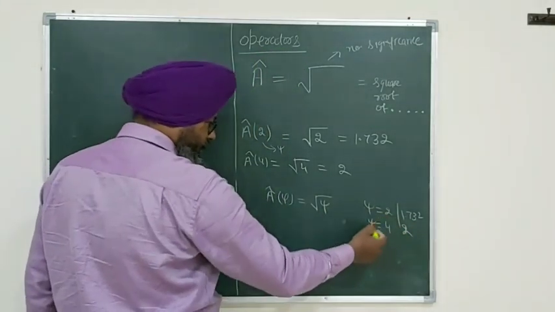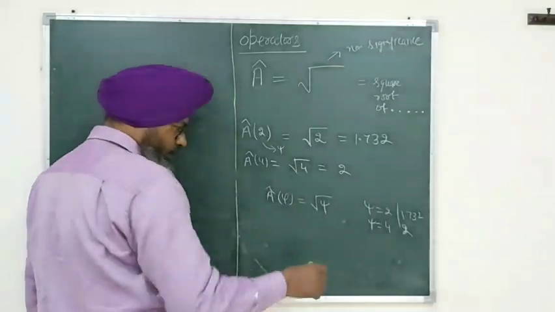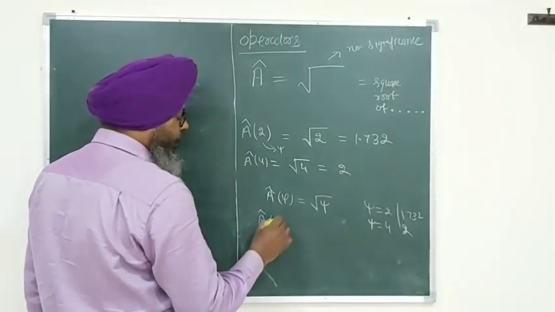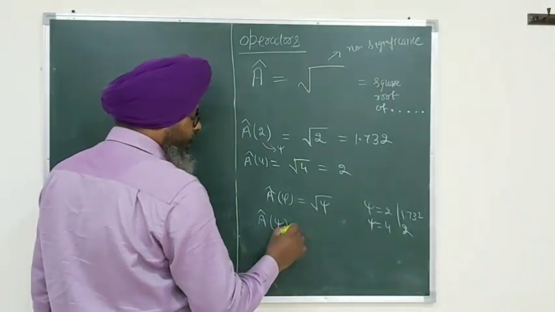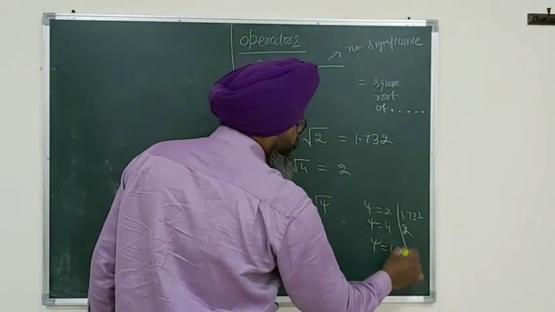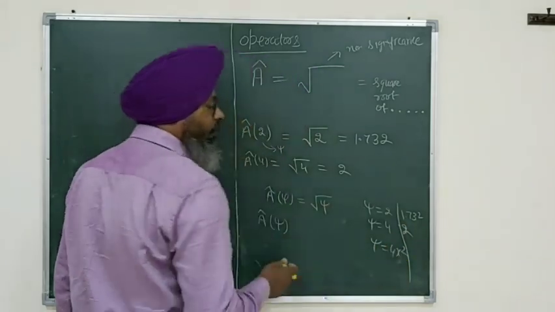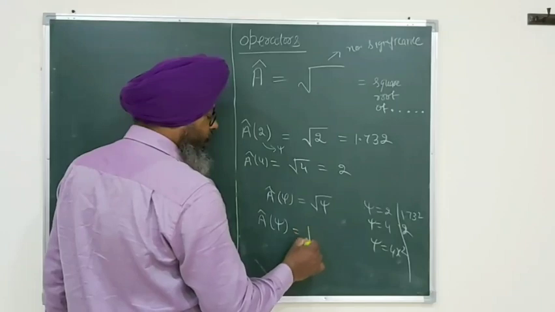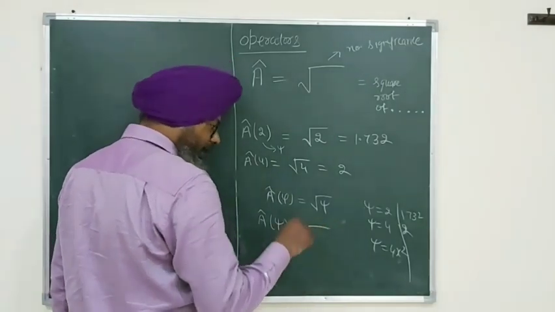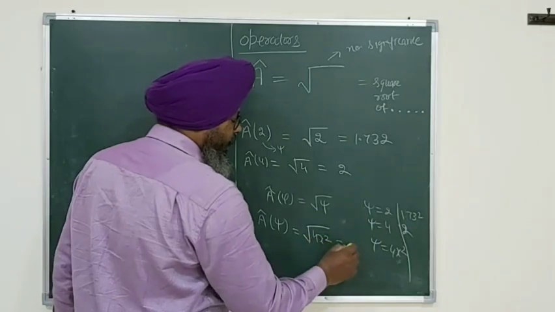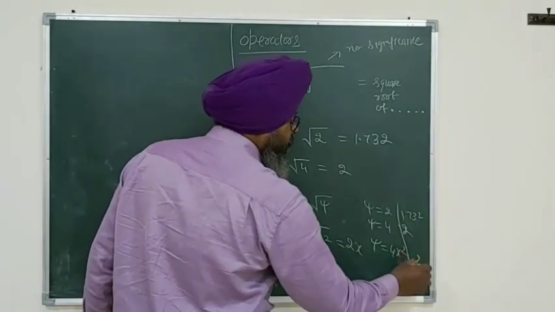So in these two cases, psi was a constant. I could have also a cap of psi, and if I put psi equal to 4x square, now look, this psi is a variable, it's a function now. But this operator will apply a similar process on 4x square, and the answer will be 2x.